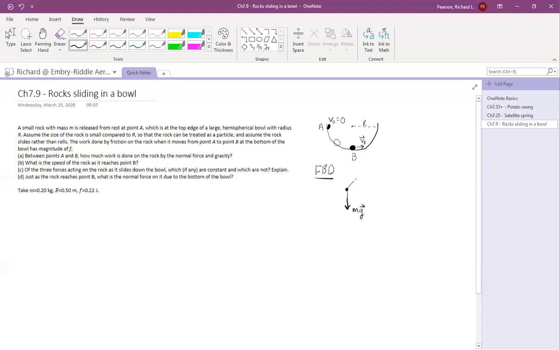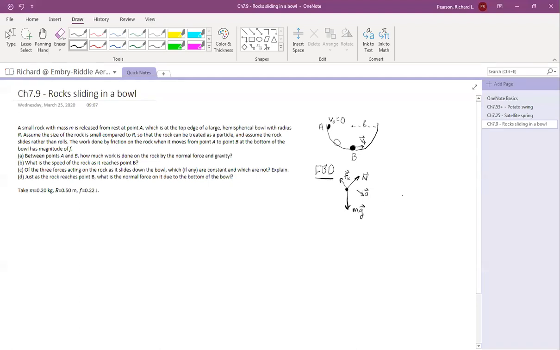We have a normal force that is perpendicular to the surface of the bowl, and we have friction, and that friction goes against the motion of the rock. And so if we are accelerating down in this direction at this particular point, then we have the force of friction going against that. So this is the free body diagram.